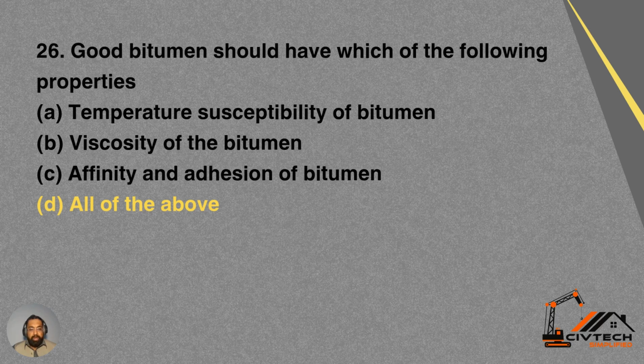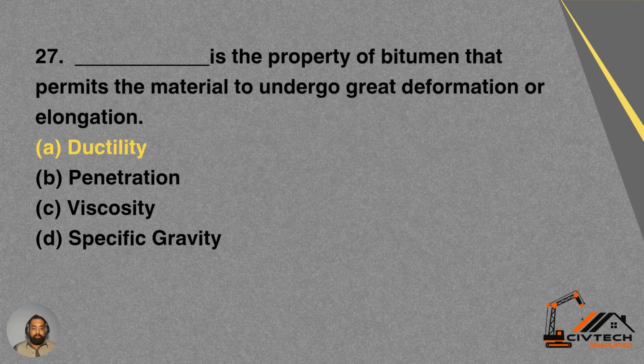Option C, affinity and adhesion of the bitumen. Option D, all of the above. So good bitumen should have all these properties: temperature susceptibility of bitumen as well as viscosity and adhesion properties. So all these properties are of good bitumen. So option D is the correct answer for this question, which is all of the above.